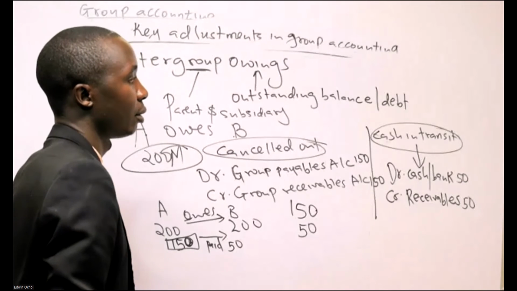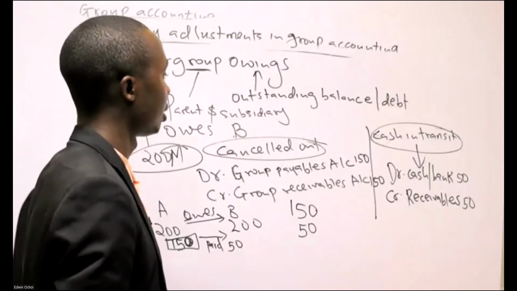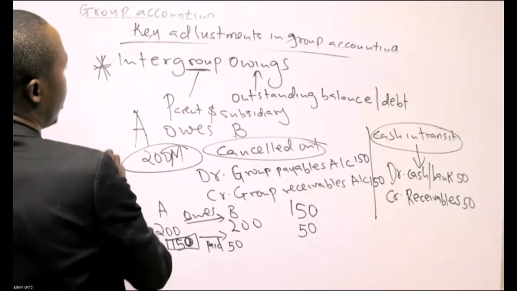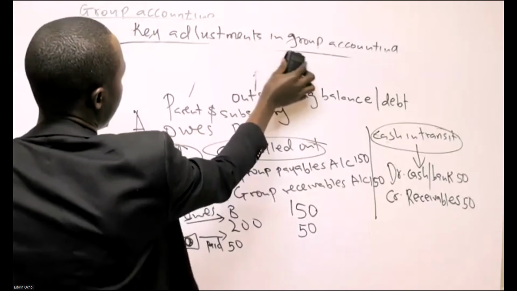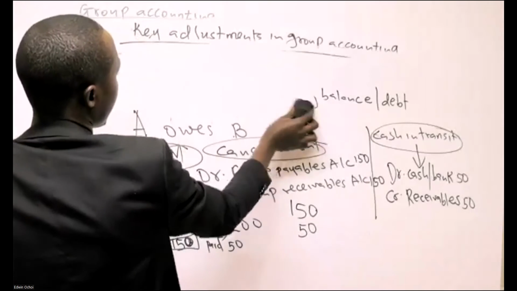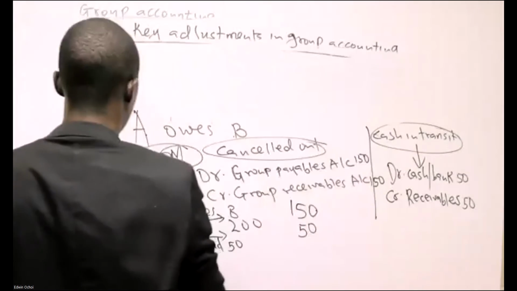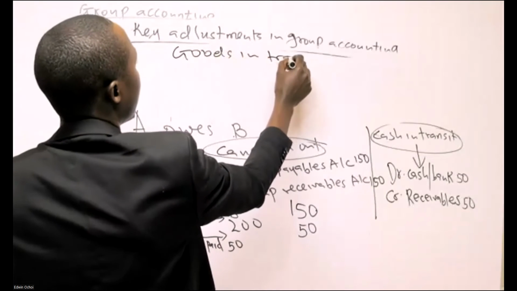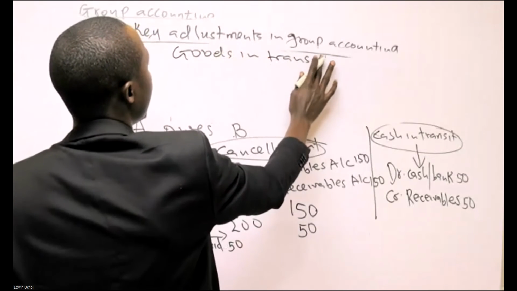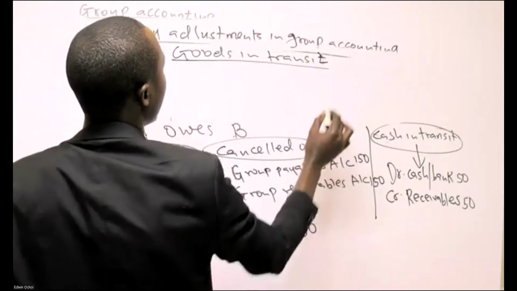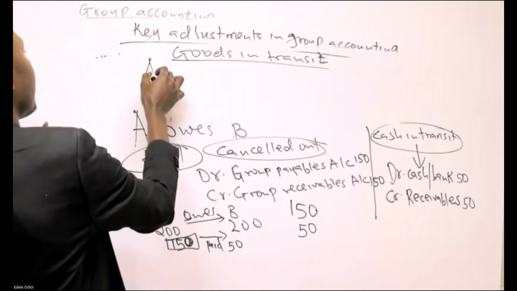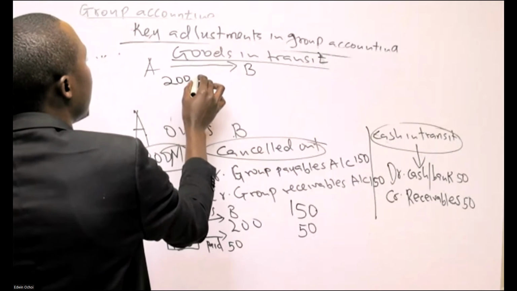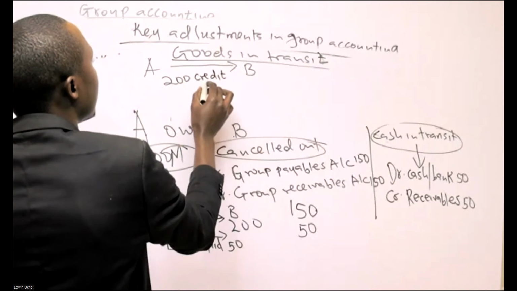Finally, we have to talk about goods in transit. So for the goods in transit, you find that these are goods sold, let's say, from A to B for 200 on credit.